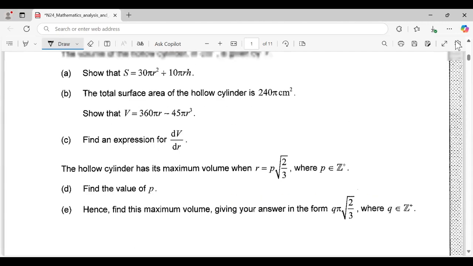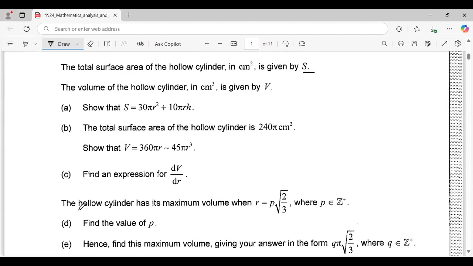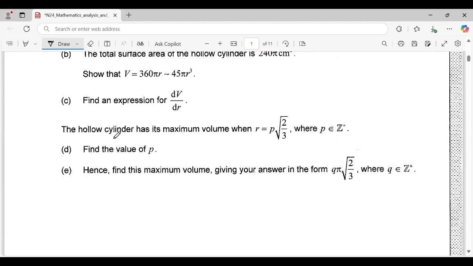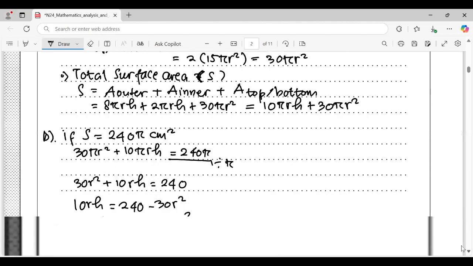And the next, the hollow cylinder has its maximum volume when r equal p square root 2/3, where p element of positive integer. Find the value of p. We are going to find the value of p.